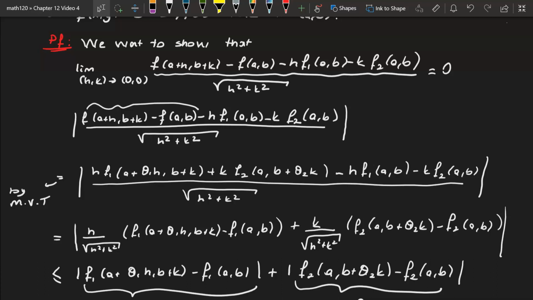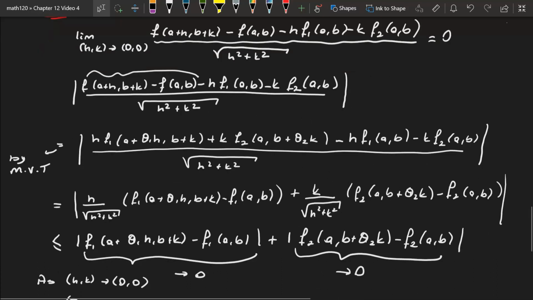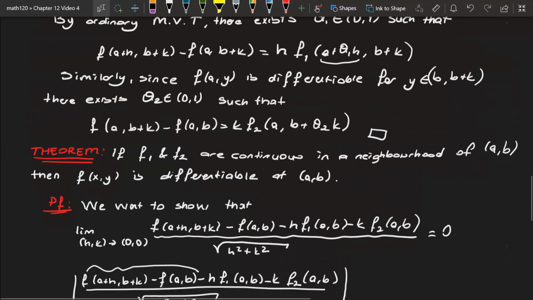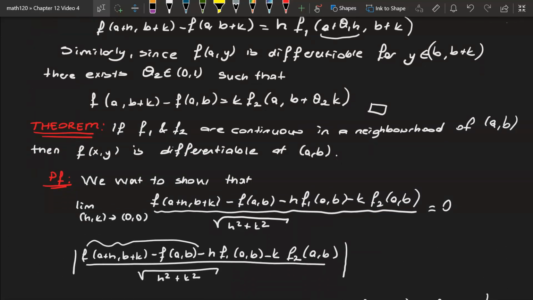So by squeeze theorem, we can conclude that the limit is 0. And we have these limits since f1 and f2 are continuous around AB. Okay, this is the end of the proof. So here the important part is, right now we know if f1 and f2 are continuous in a neighborhood of AB, then f of xy is differentiable at AB, which means it has a non-vertical tangent plane at AB.